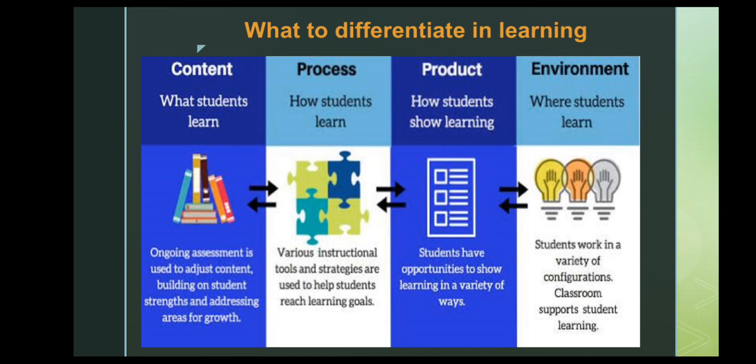The next thing here is the process. We need to differentiate how we want to pass this content across to the children. Each child has a preferred learning style, and successful differentiation includes you delivering lessons based on each style. For example, we have the visual, auditory, kinesthetic, and the read and write learners.